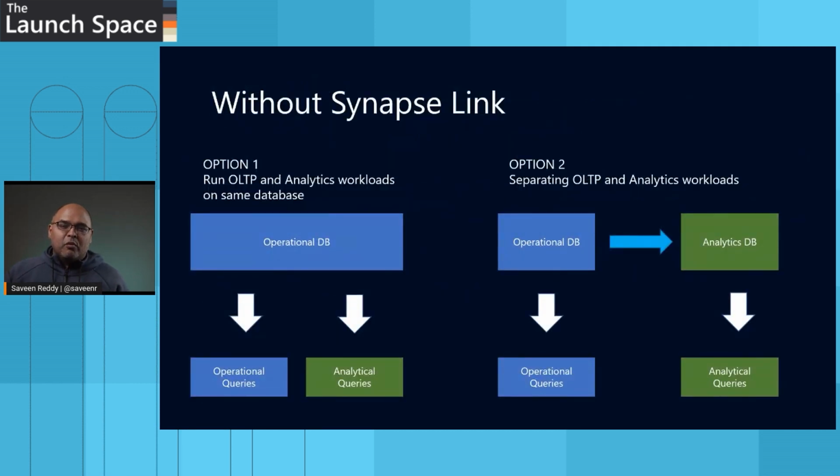Now let's take a look at what the world is like in Cosmos DB without Synapse Link. I'm talking about Cosmos DB, but really this is true for any operational data store you have. Your first option for doing analytics workloads on top of an operational database is to do both operational queries and analytic queries on that same database.